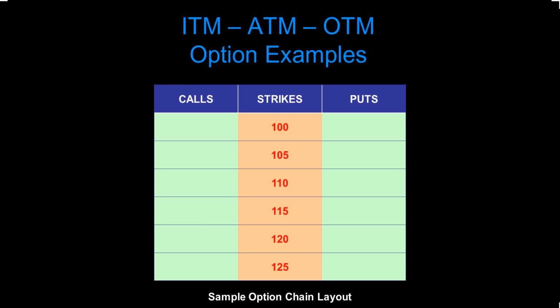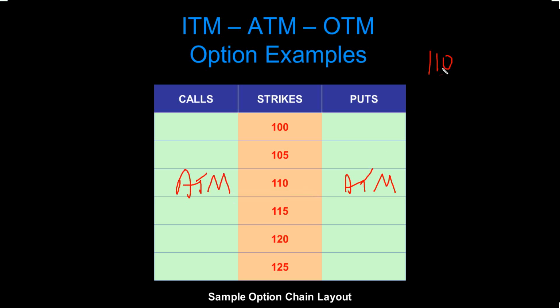Now, I talked about calls and in the money, and the only other thing I want to show you here is puts. If the stock price is $110 a share, with a put this would be at the money. It'd be at the money also if you were doing calls, but we're just the opposite here.